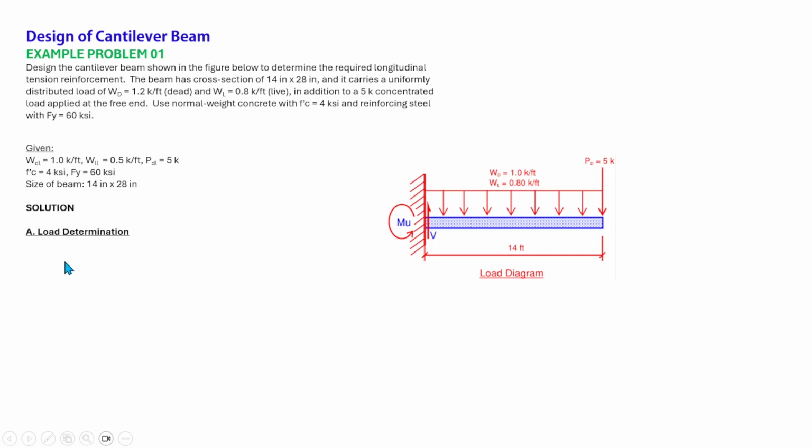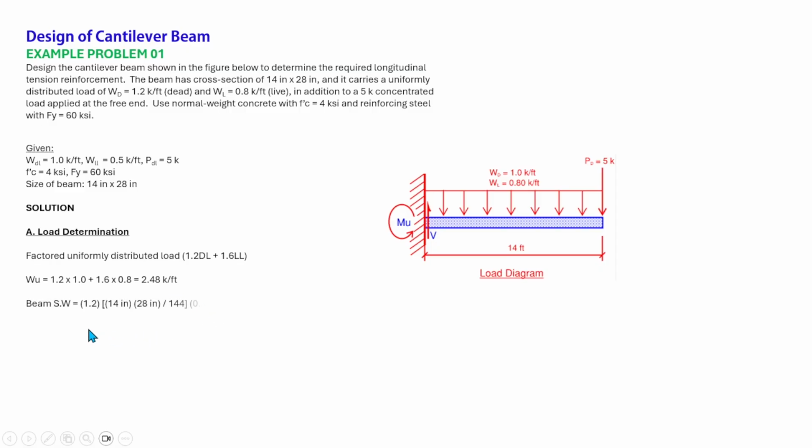First of all, we need to determine the loads. The factored uniform distributed load is 1.2 dead load plus 1.6 live load. So for the factored uniform dead and live load, we have 1.2 times 1 kip per foot plus 1.6 times 0.8, which is equal to 2.48 kip per foot.